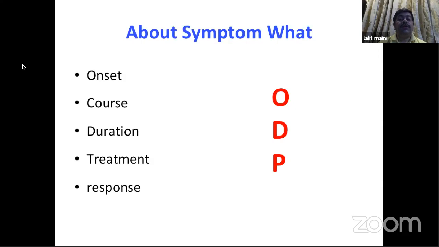So what do we need to describe about each symptom? We need to describe the onset, the course, the duration, any treatment taken or given, and what has been the response. So the broad outline for each symptom would be on these grounds.